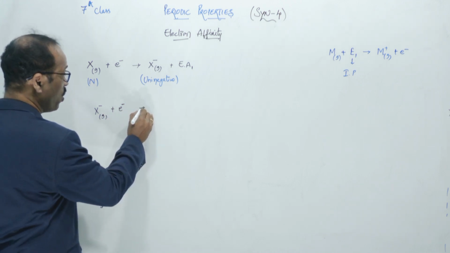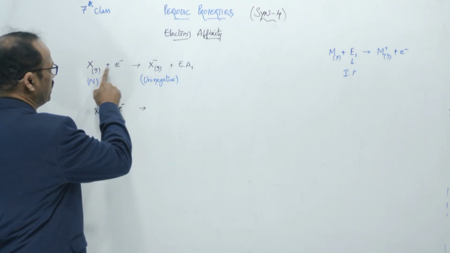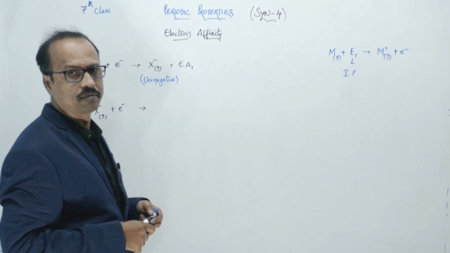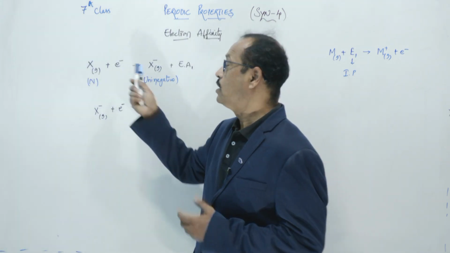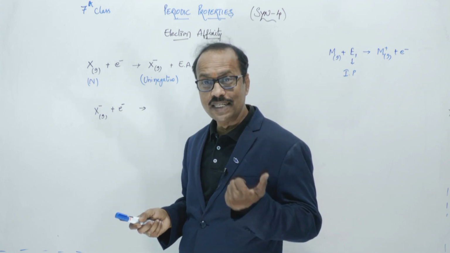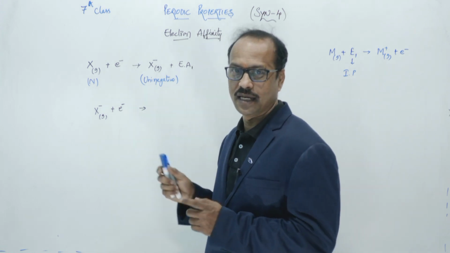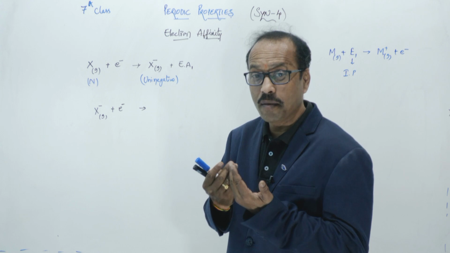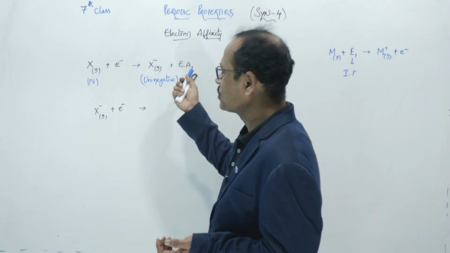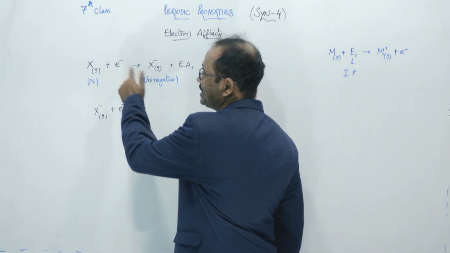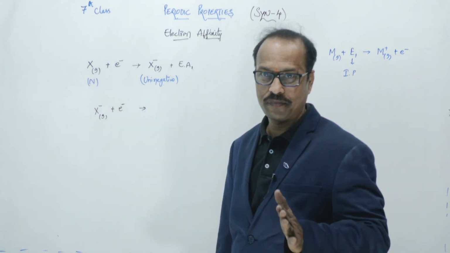Earlier, this was a neutral atom, and when I give one electron, the atom releases energy. The amount of energy released is called electron affinity.